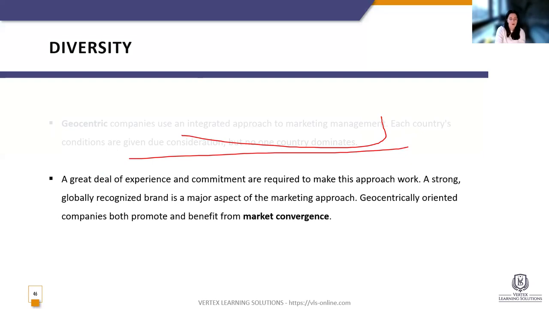A great deal of experience and commitment will be required to make this approach work. Geocentrically oriented companies promote the benefit of market convergence. Convergence means that we are going to overlap them a little bit and blend them together.